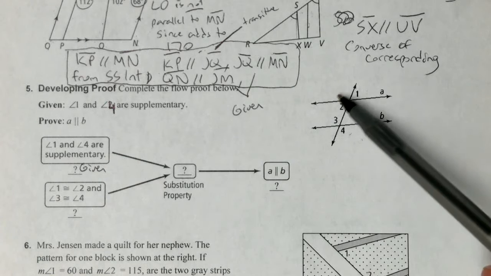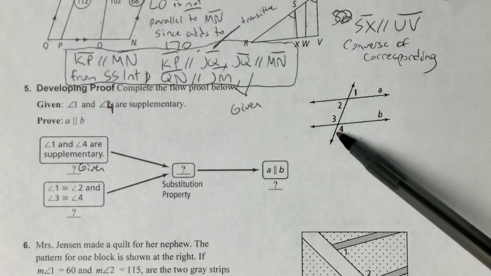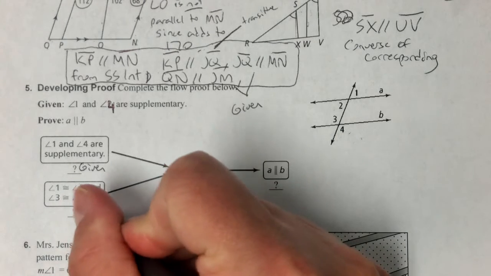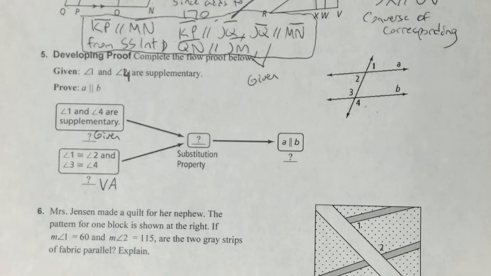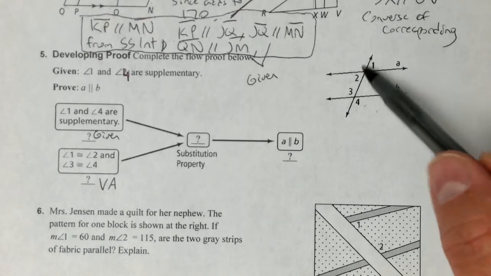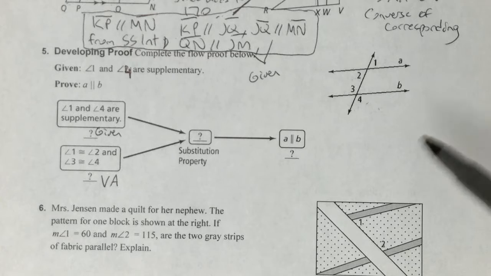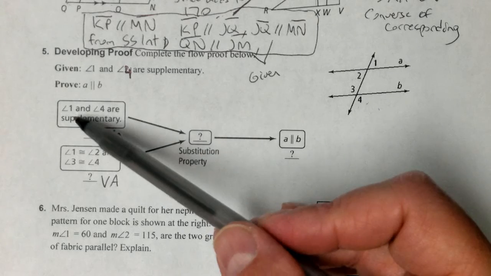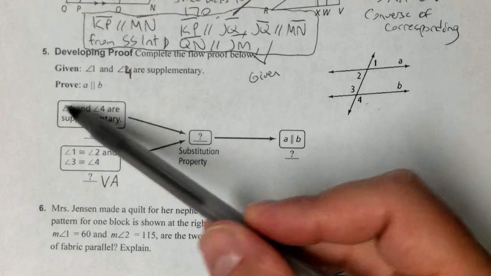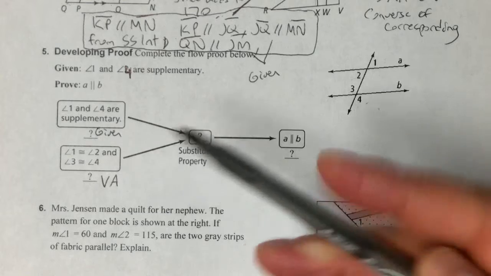Now, we do know that 1 and 2 are equal and 3 and 4 are equal because vertical angles are congruent. I'm just going to put VA to abbreviate. So remember the ones that make the X, that are across from each other, those are ones that you set equal. So that's the vertical angles. Now what we're going to do is substitute, and so where you see angle 1, we're going to put angle 2, and where you see angle 4, we're going to put angle 3.